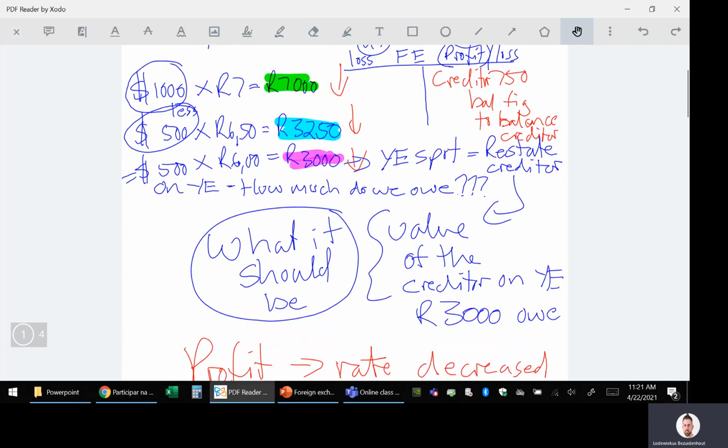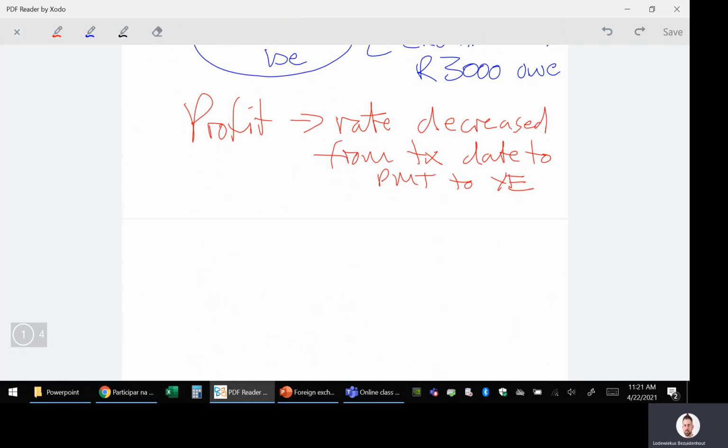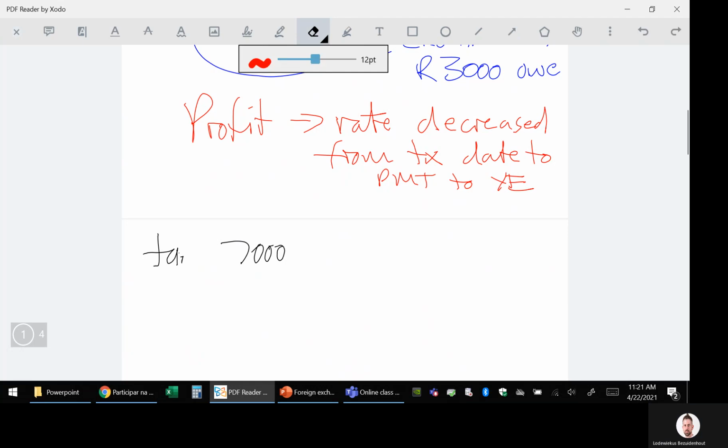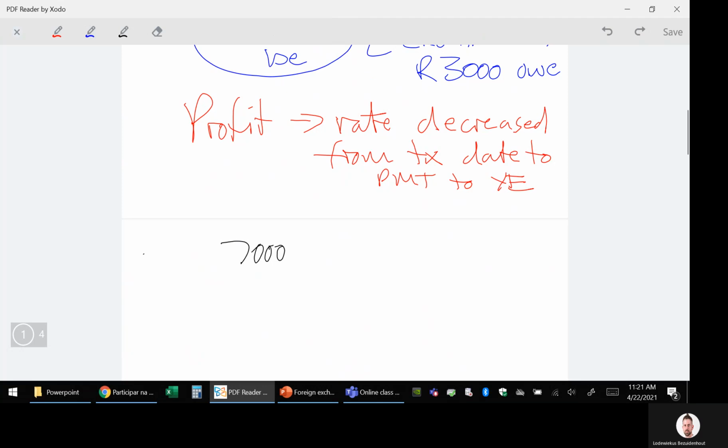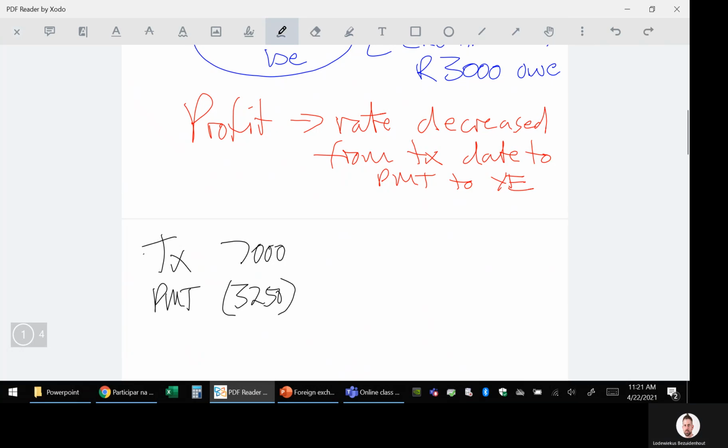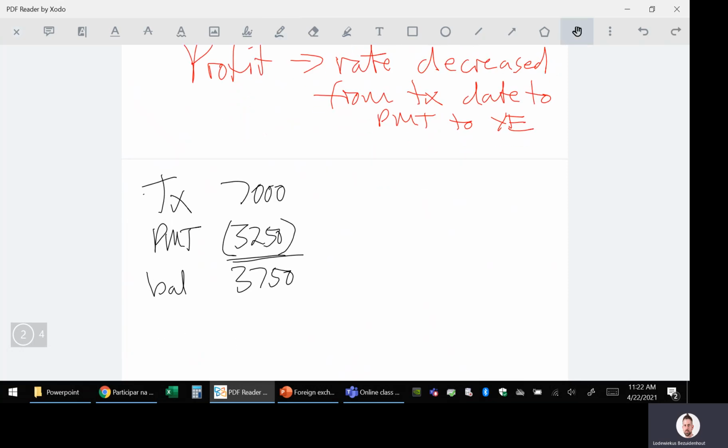So you can basically go and say, we will have 7,000 transaction less the payment of 3,250. And that gives you 3,750. The balance that is left after the first payment.